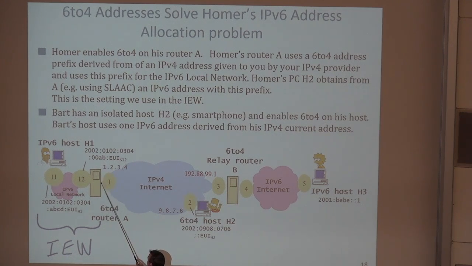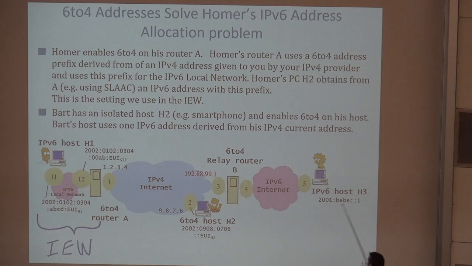with connected hosts. Here I'm showing also Bart, who is directly connected to IPv4, but wants to run IPv6. Then he can do the same with his own machine address. Instead of doing it at the router, you can do it also in a host. That means Bart also, if he uses 6to4, can have a valid IPv6 address, even though he's not on IPv6 physically.